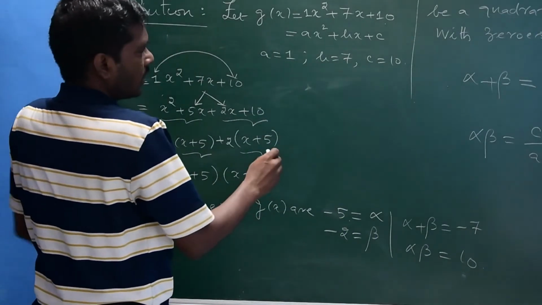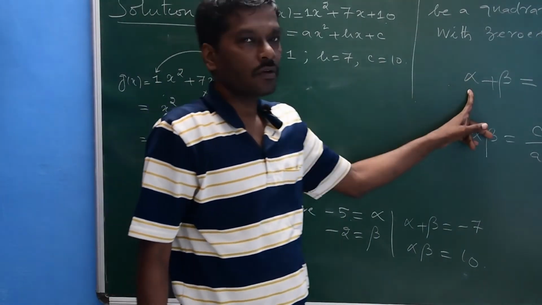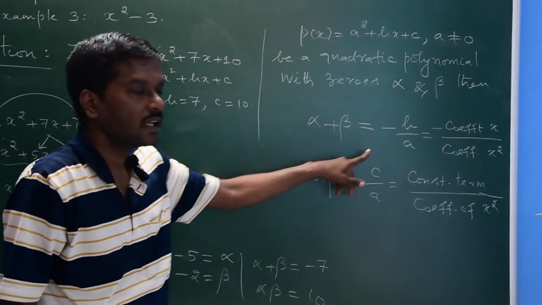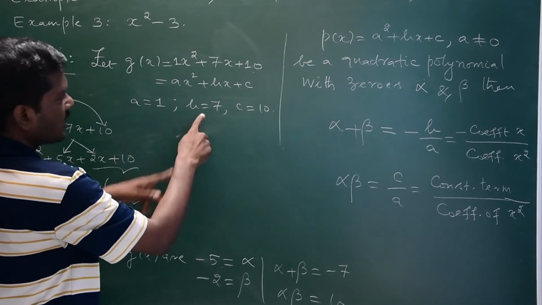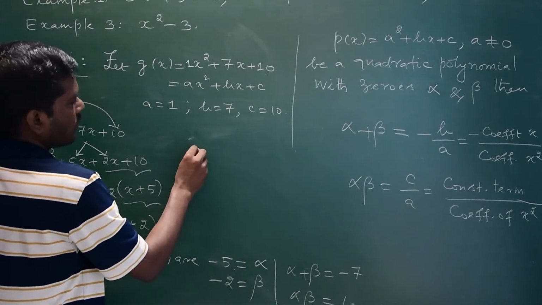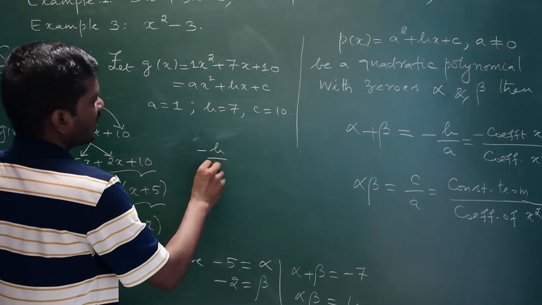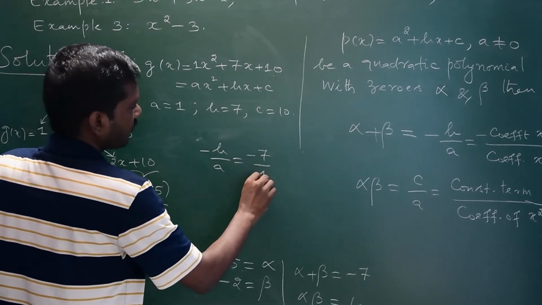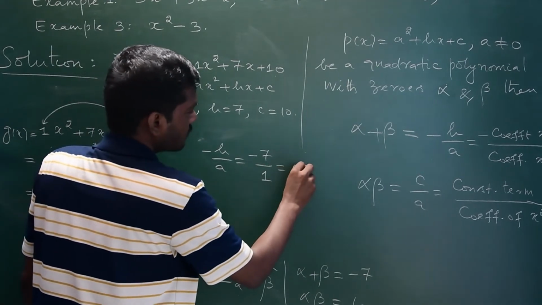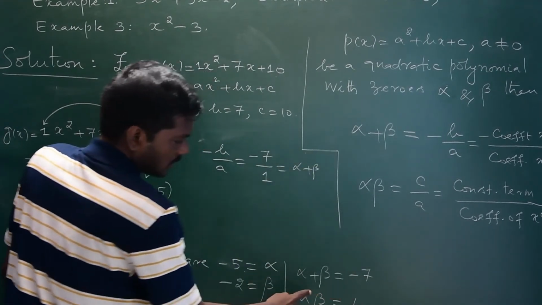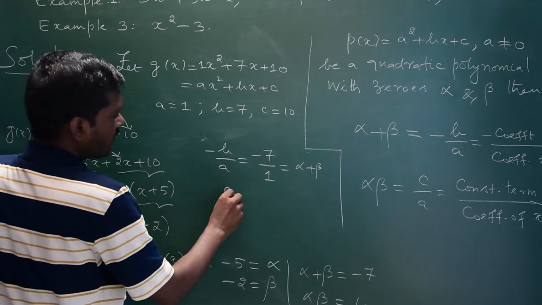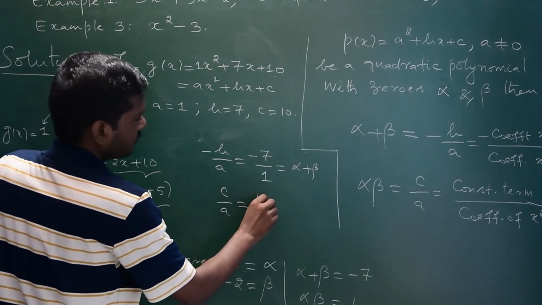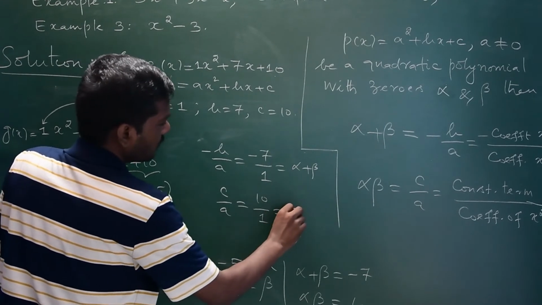What is the product? Plus 10. But what is the formula for the sum of the roots? Minus b by a. Minus b by a is minus 7 by 1, which is nothing but alpha plus beta, which we have just found. And c by a is 10 by 1, which is nothing but alpha beta.